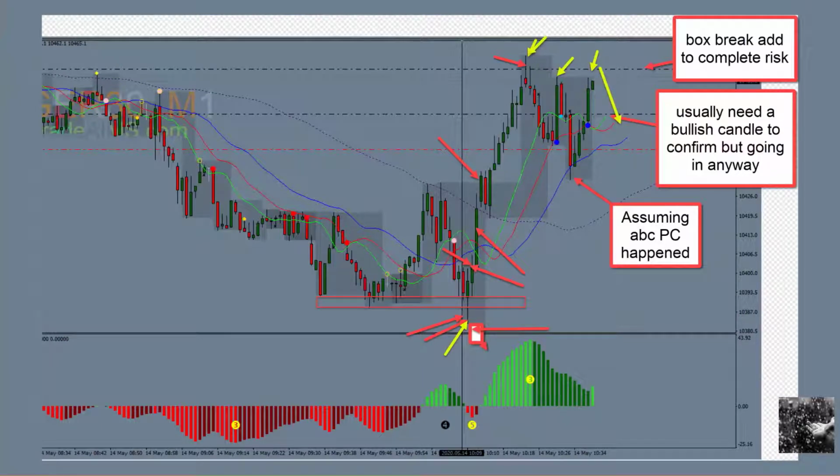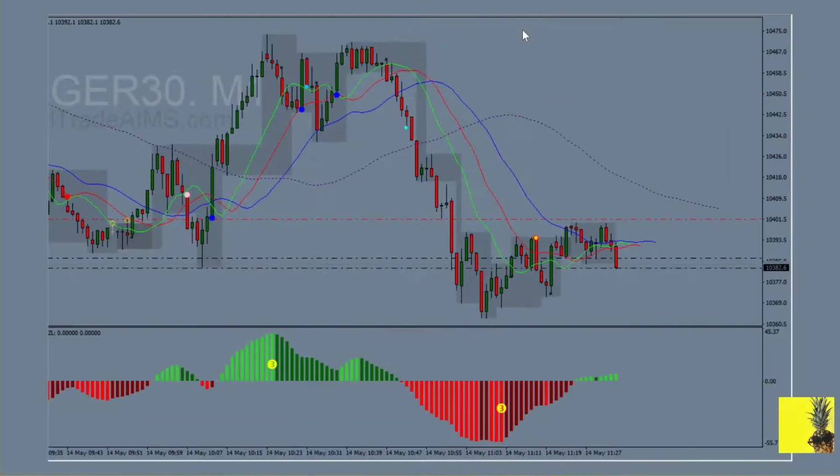Then in that case, this formation turns into 1-2. So within 1-2 you have ABC, and so we call this a B trap. Sometimes it would trap the buyers in there and then drop from there. Okay, moving on to the next formation.